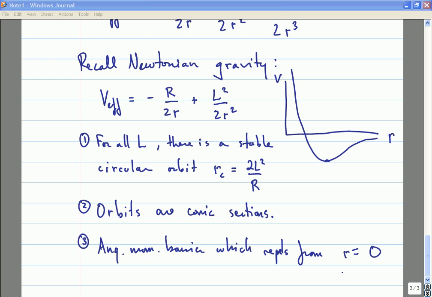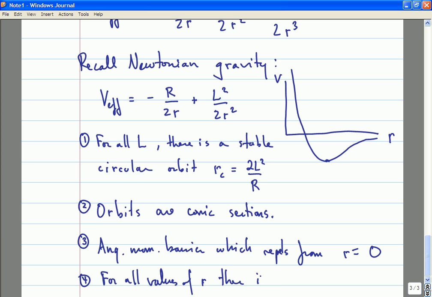And finally, one additional feature of this potential is that for all values of r, there is a stable circular orbit.